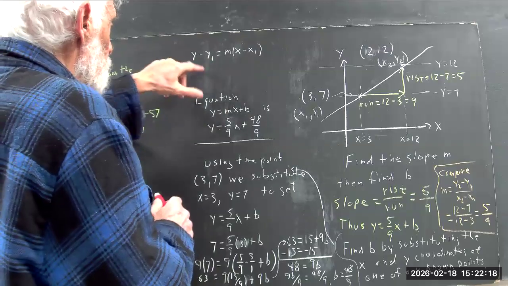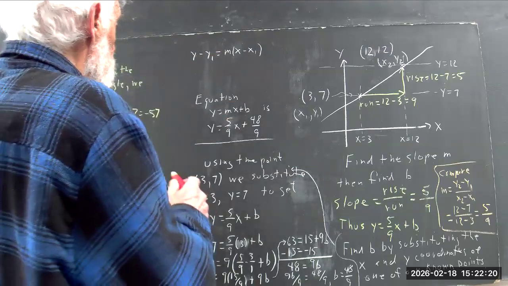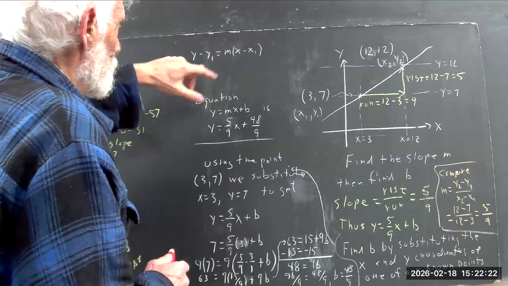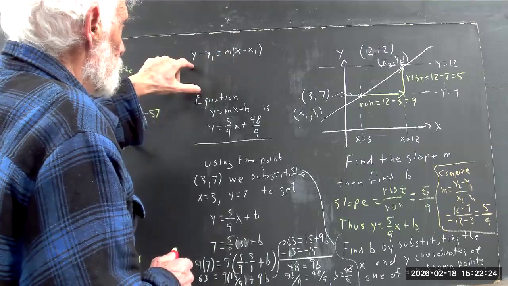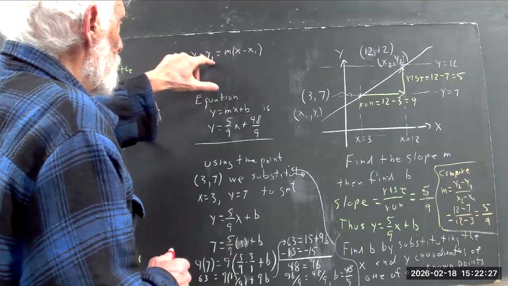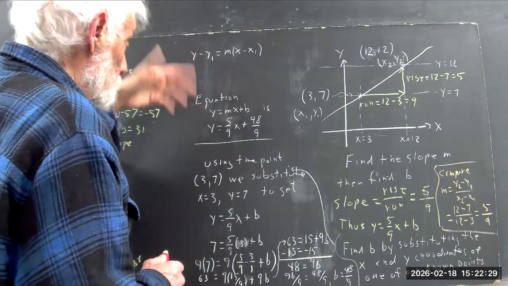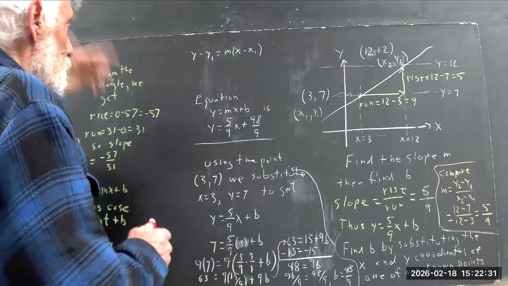There's a formula, y minus y1 equals m times x minus x1, which is just, if you divide both sides by x minus x1, you get m equals y minus y1 over x minus x1, and that is a slope.